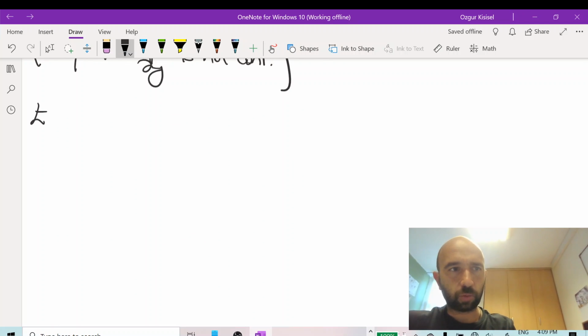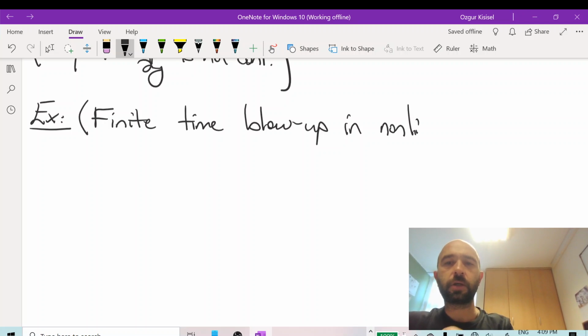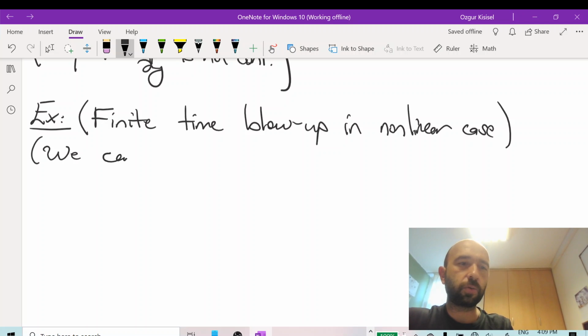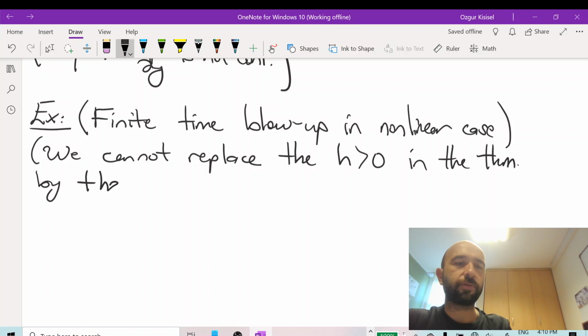And the second example that I want to give is about finite time blowup in the nonlinear case, or another way to say it is, we cannot replace this h greater than 0 in the theorem that you would remember by the whole interval of definition or whole interval of continuity.